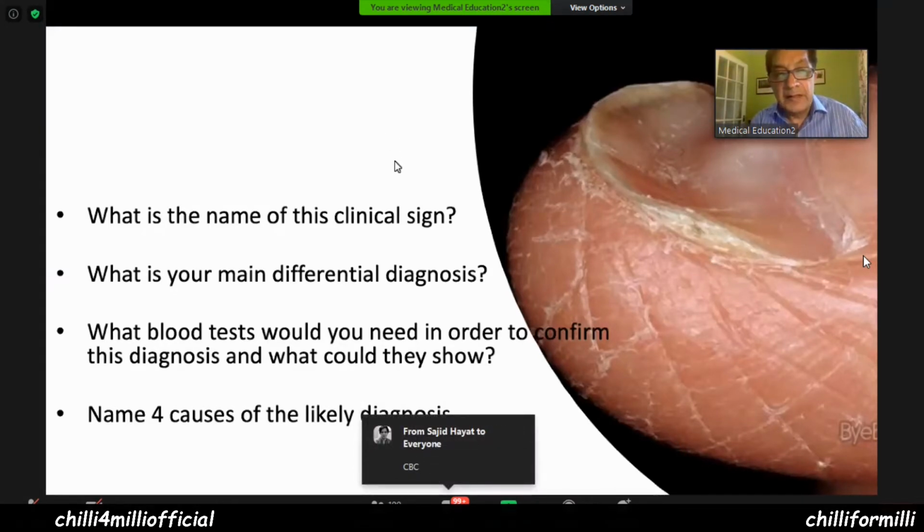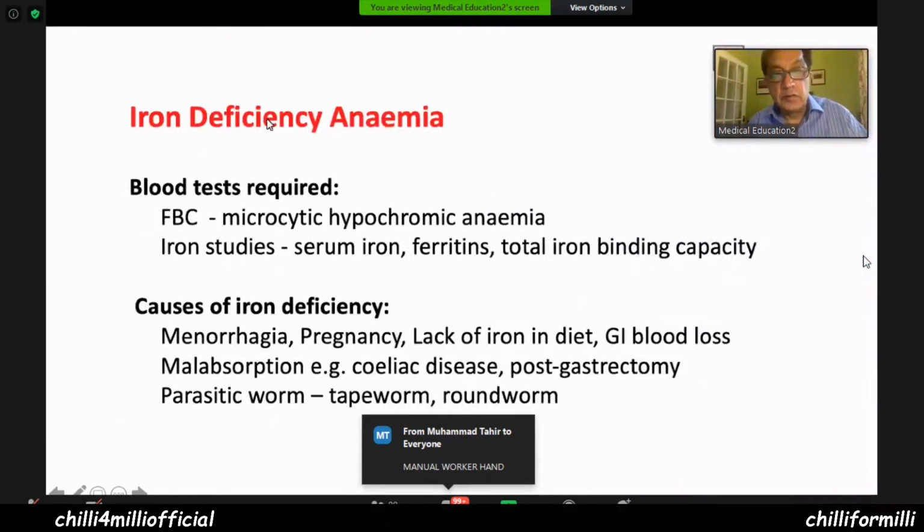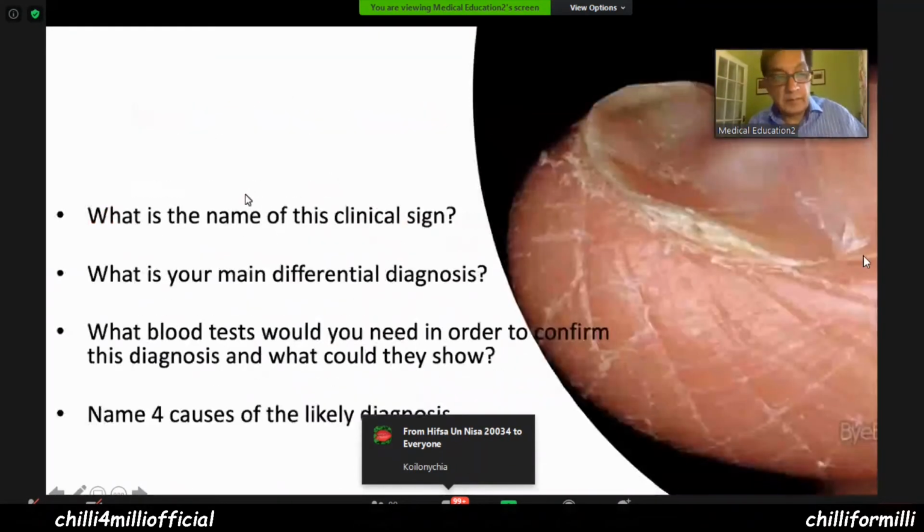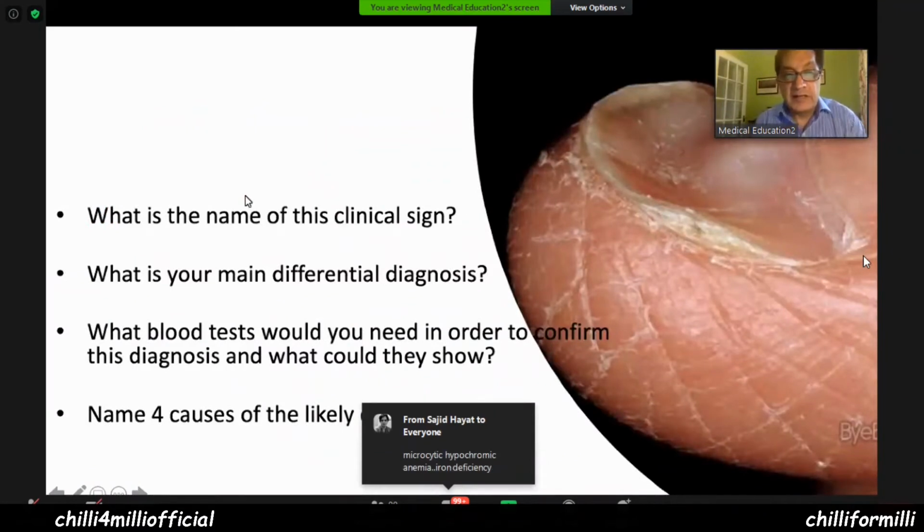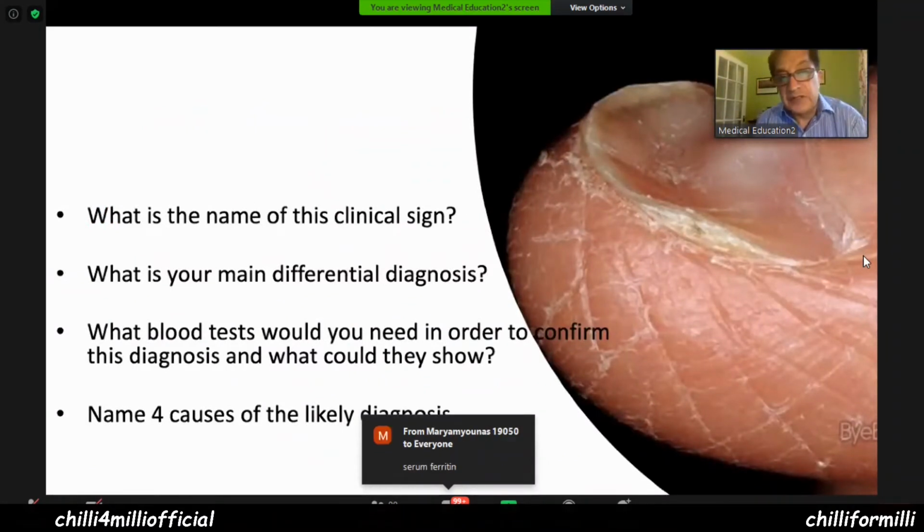Right, what is this clinical sign? So this is koilonychia. What is your main differential diagnosis?